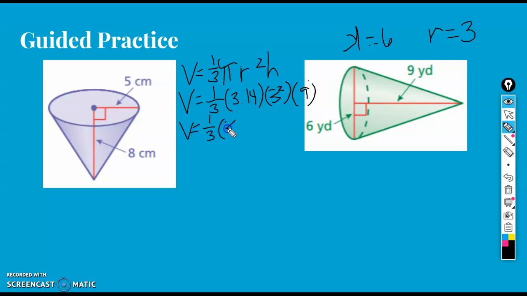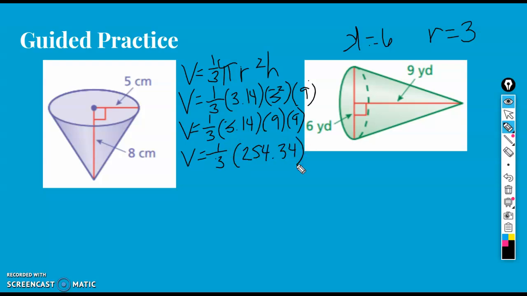When we square 3, we get 9. So we are multiplying 3.14 times 9 times 9, which gives us 254.34.